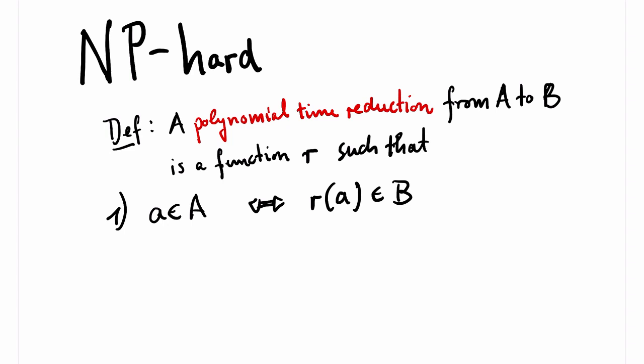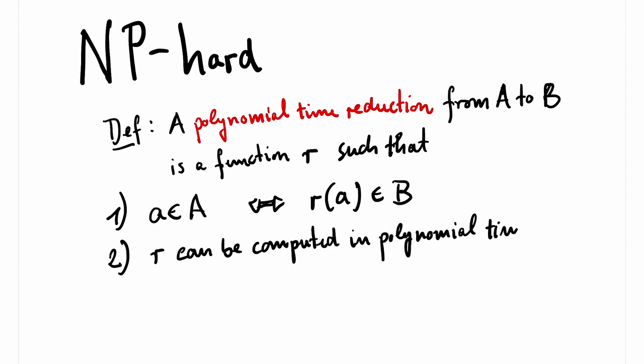It's if and only if. The second property that you also need is that R itself can be computed in polynomial time. The resulting combined algorithm will again have polynomial running time.